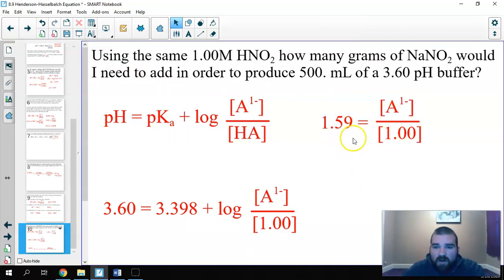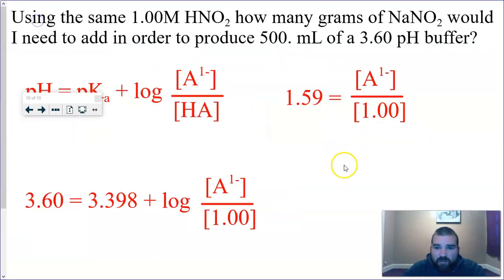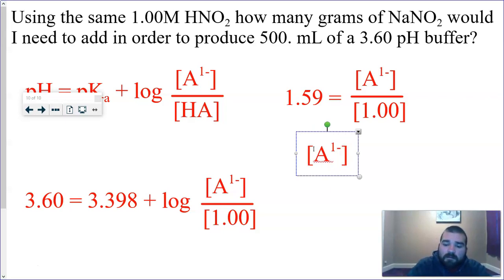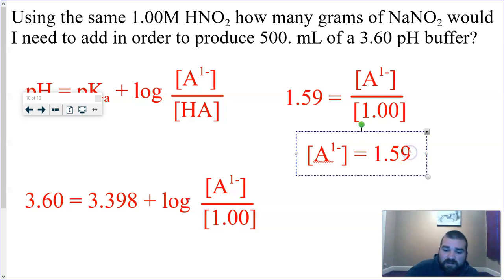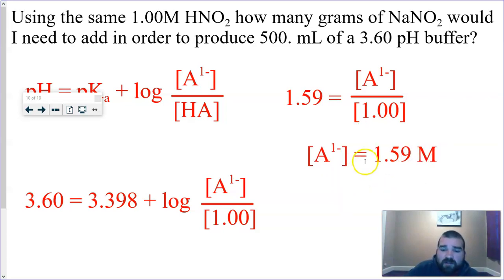Now I just multiply by 1, which does a whole heck of a lot of nothing, and I get a final molarity of my conjugate base equal to 1.59. All right, that's half the battle. We know the molarity. I'm going to put a big M after that, just to make sure. We know the molarity of the conjugate base that we need in order to reach this pH for our buffer.